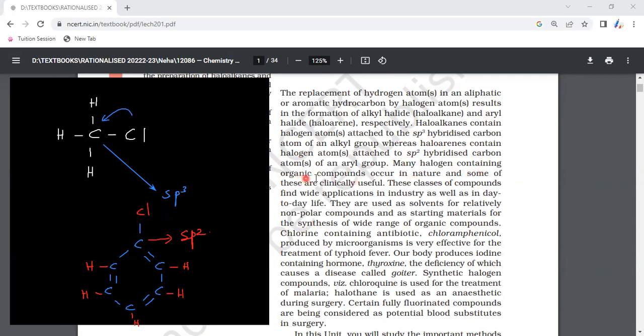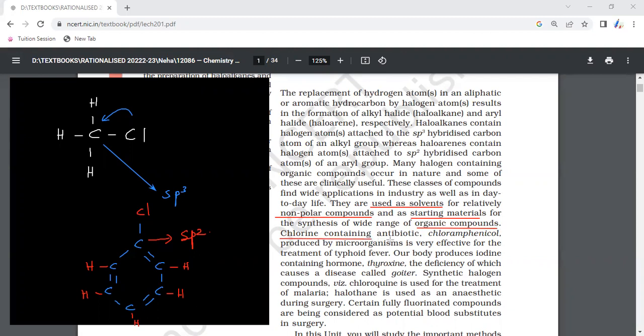Many halogen organic compounds occur in nature, and some of these are clinically useful. You can give a good reading on this. Whatever I underline here, do underline, and just know the importance of these halo compounds in our everyday life. They are used as solvents for non-polar compounds and act as starting materials for producing a lot of organic compounds.